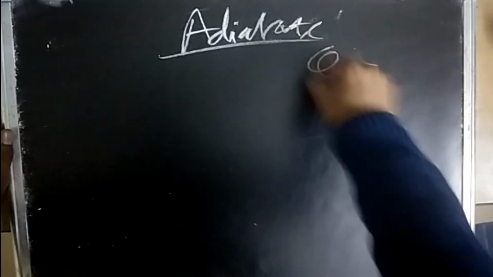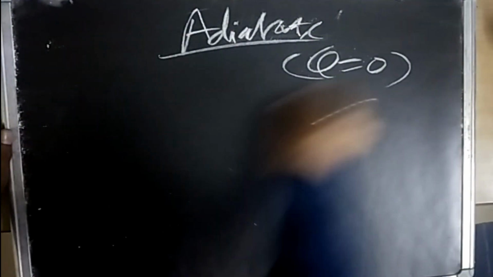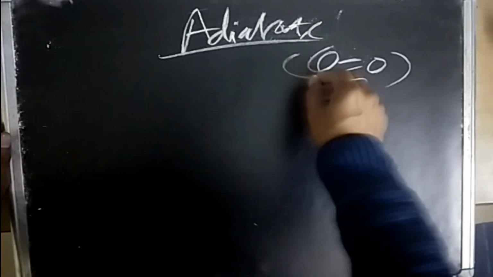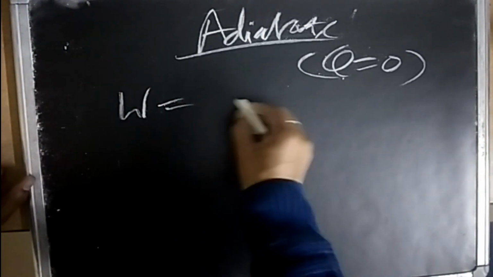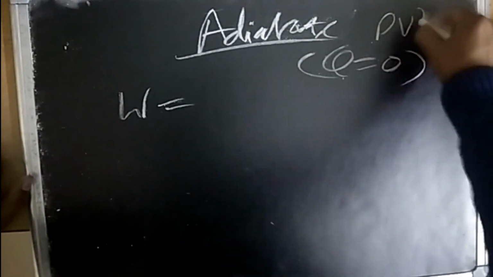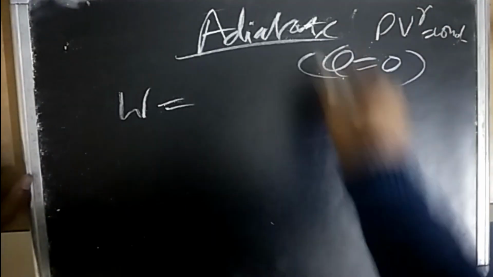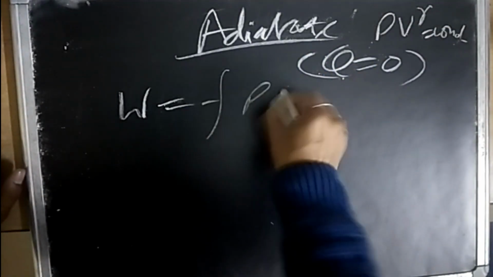Next is adiabatic. Adiabatic means Q is 0. This means that it is either insulated or the process is so fast that it doesn't have time to exchange heat. So let's see W. P V raised to power gamma is constant. W is the integral of P dV.